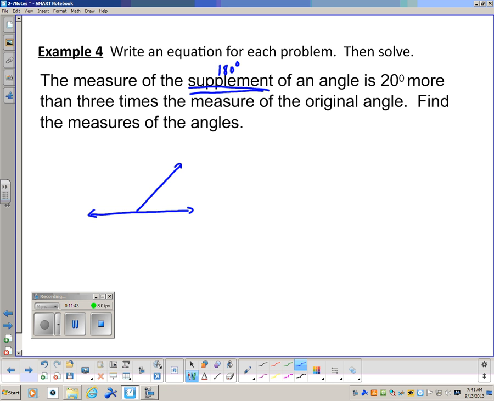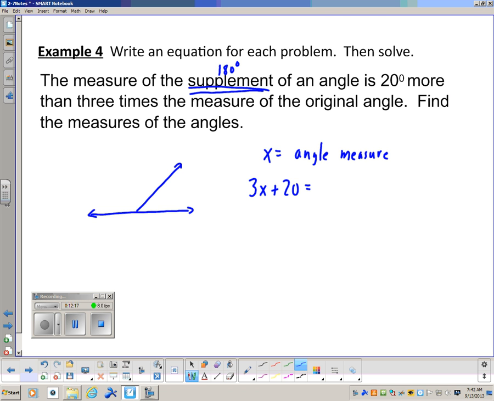So we can go ahead and figure that out. It says, I'm going to say x equals one of the angle measurements, angle measure. The other one here, it says the measure of the supplement of an angle is 20 degrees more than 3 times the measure of the original angle. So if this is the original angle here, you can do 3x and then add 20 to it.